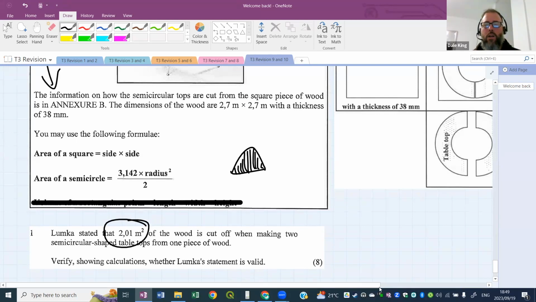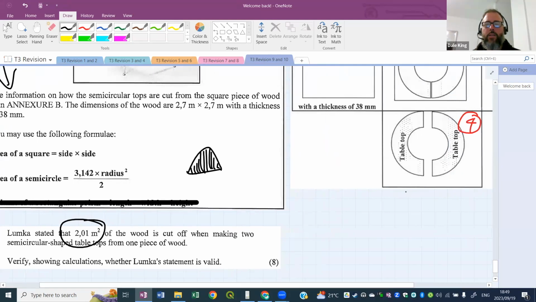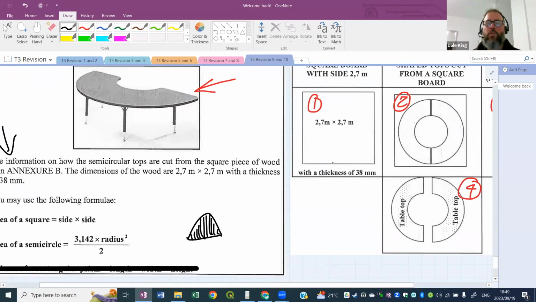So when you see this diagram here, look at step number 2. It's all this stuff here, all this stuff on the outside. That wood there. That's what they're talking about.